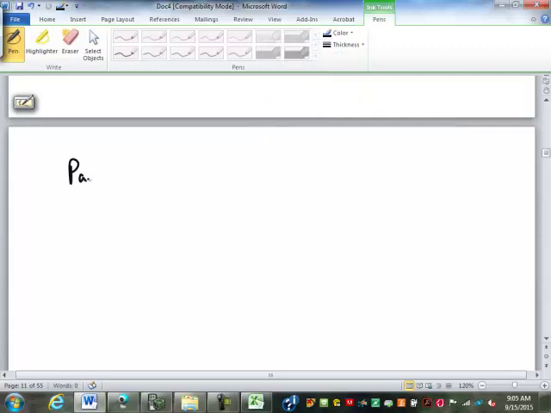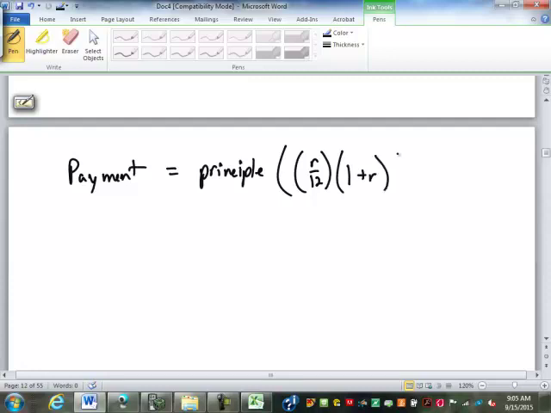The amount of payment you're going to make is going to equal the principal, the amount of the loan, times your rate divided by 12 because it's going to be monthly, times 1 plus your rate divided by 12 to the power of 12 times the number of years, divided by 1 plus your rate divided by 12 to the power of 12 times the number of years minus 1.